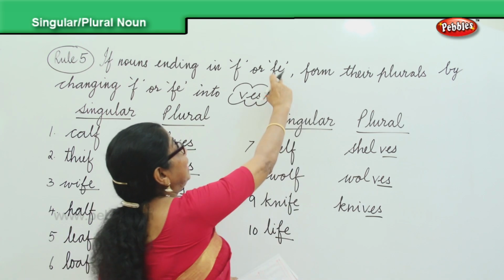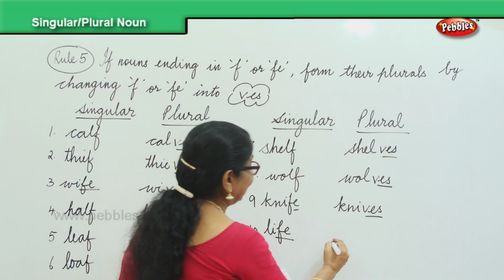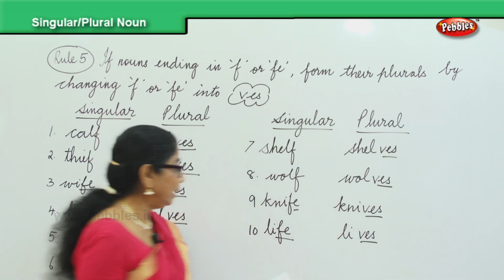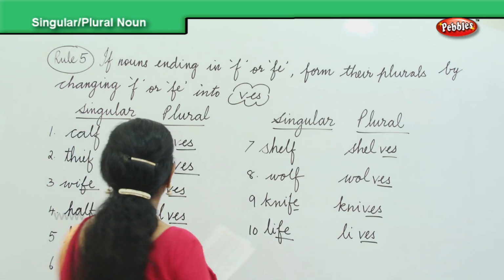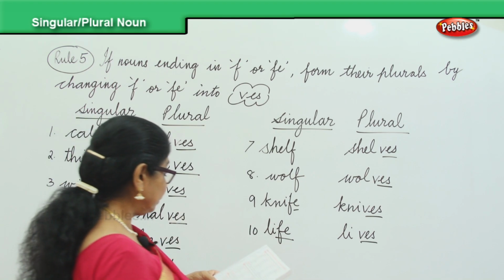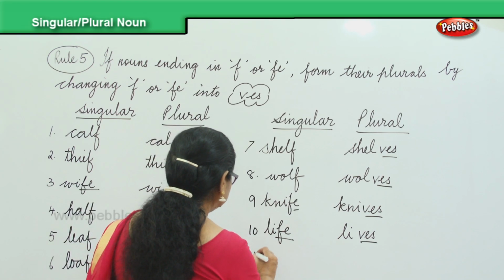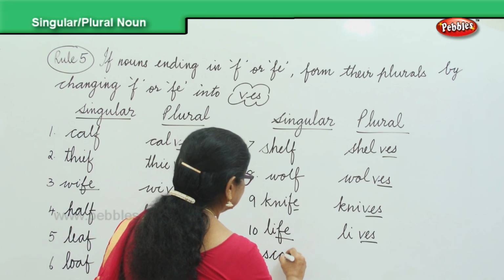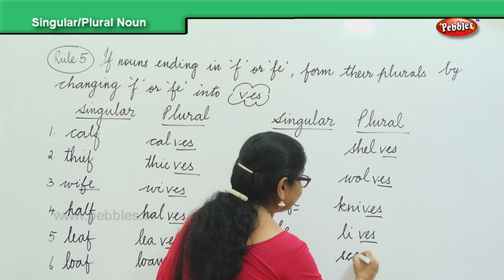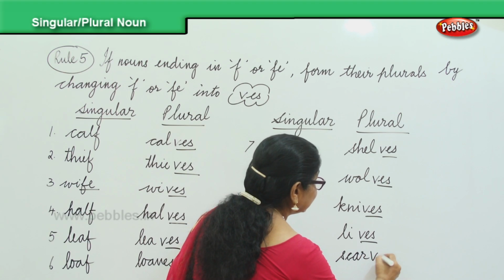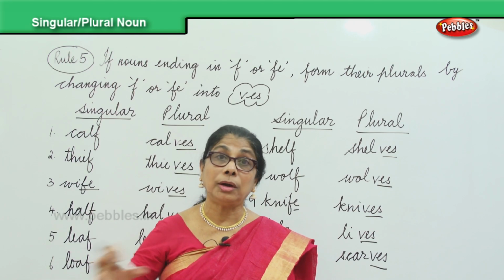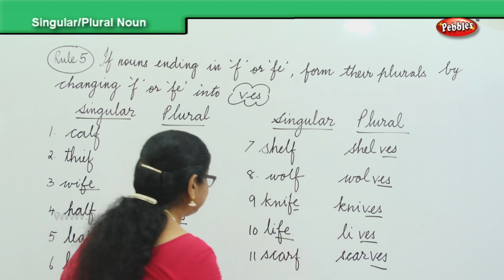Again you have FE and we change that and add VES. Lives. Okay, and then you have wife. I've done it for you. Life. Scarf. You have scarves. Scarves. Then you have sheaf of corn or rice, whatever. Sheaf.